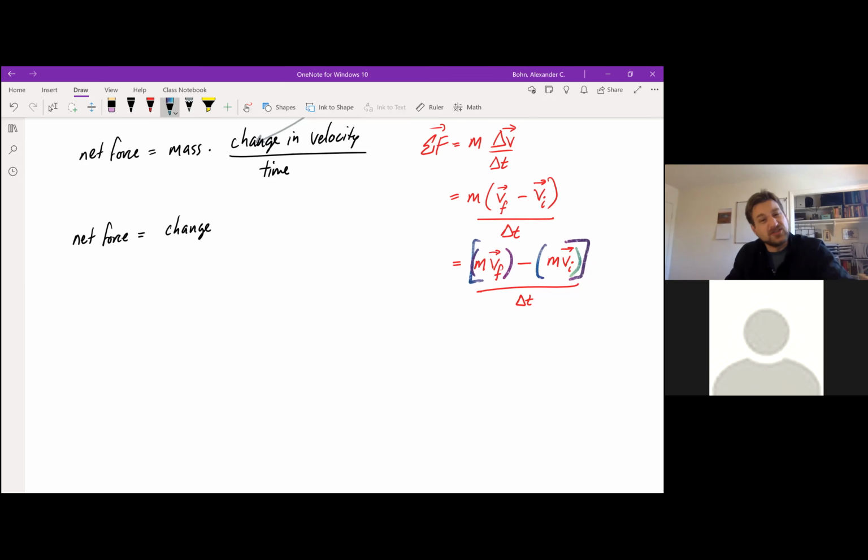That thing isn't just the velocity anymore, it's the product of the mass and the velocity. As long as the mass isn't changing, then there's no problem here.